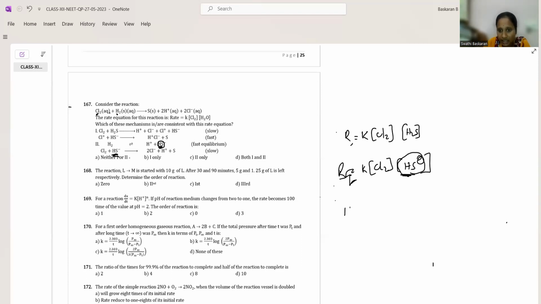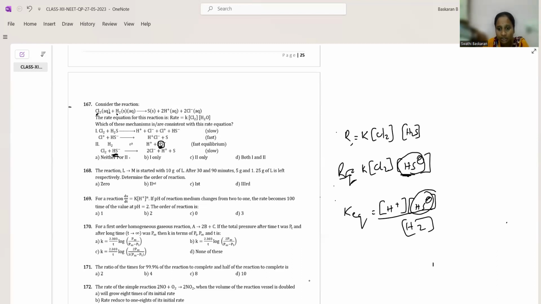How do we write the fast equilibrium Keq value? Keq is equal to the concentration of H plus times the concentration of HS minus, divided by H2S. Now you have to determine the concentration of HS minus.